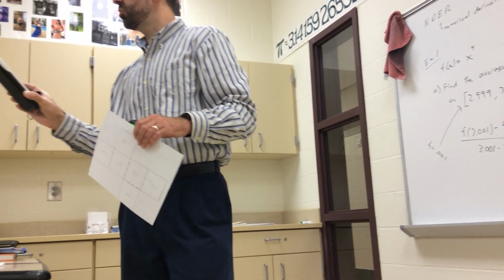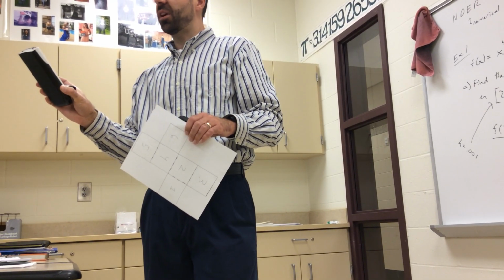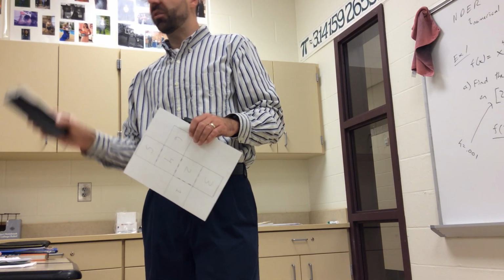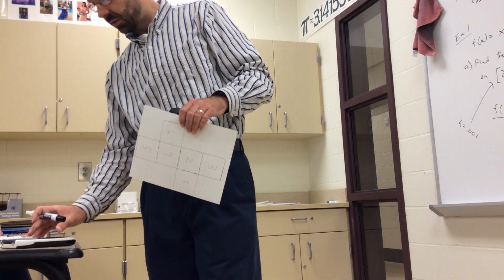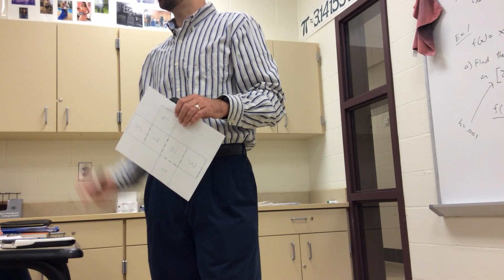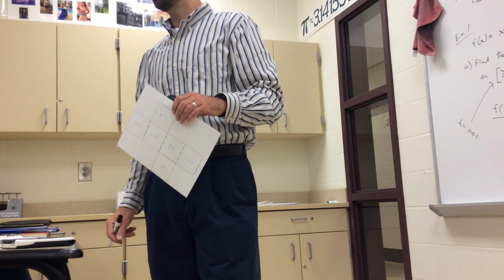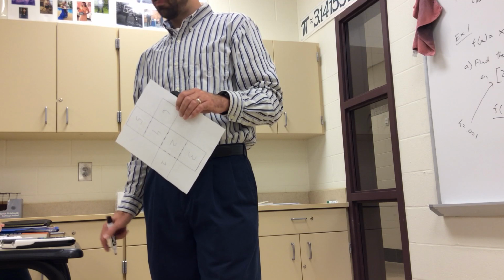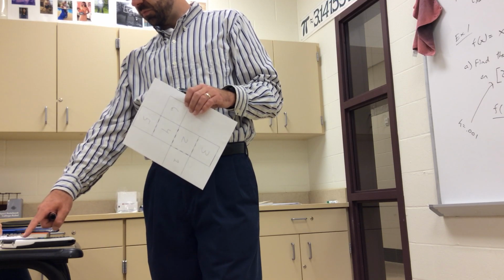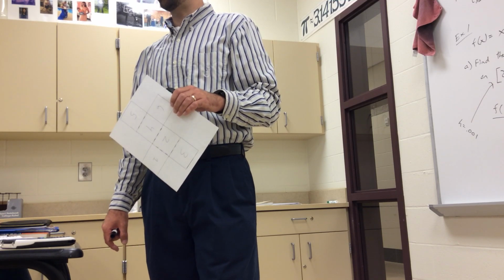All right? So those of you who have d over dx, well, you don't have an x down there yet, so you have to put an x in there. So press the x button, so it says d over dx. And then in the box after the d over dx goes the function.